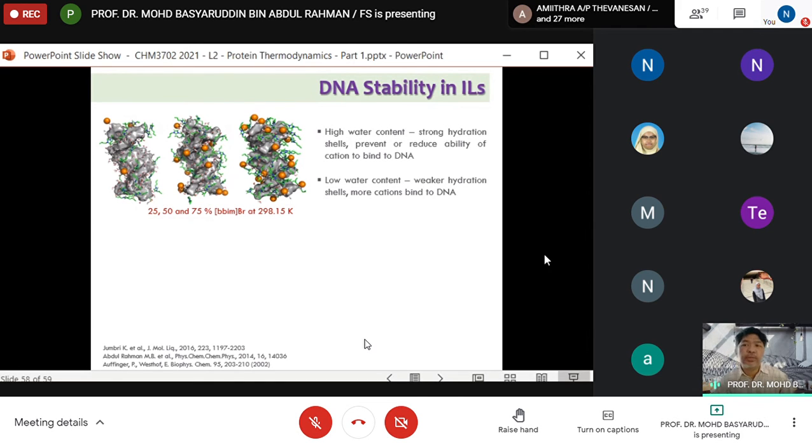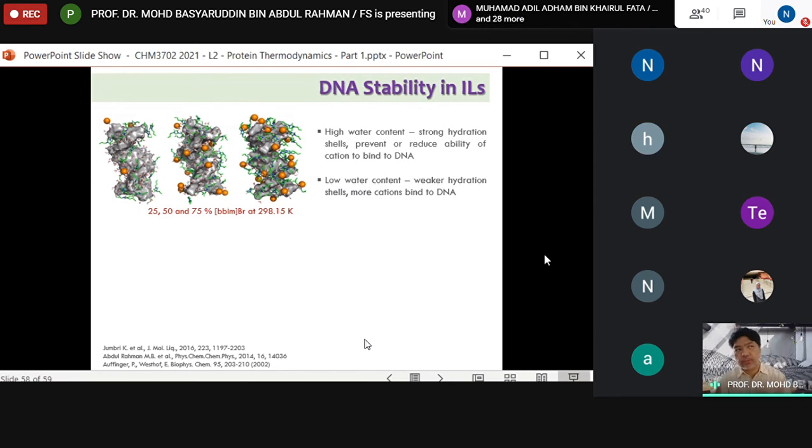Then we also use it in terms of storing DNA, yeah, because when you work with genomics, when you extract DNA it is so easy or prone to destabilize. So in order to stabilize, you have to put lots of chemicals, yeah, or buffer and so on.